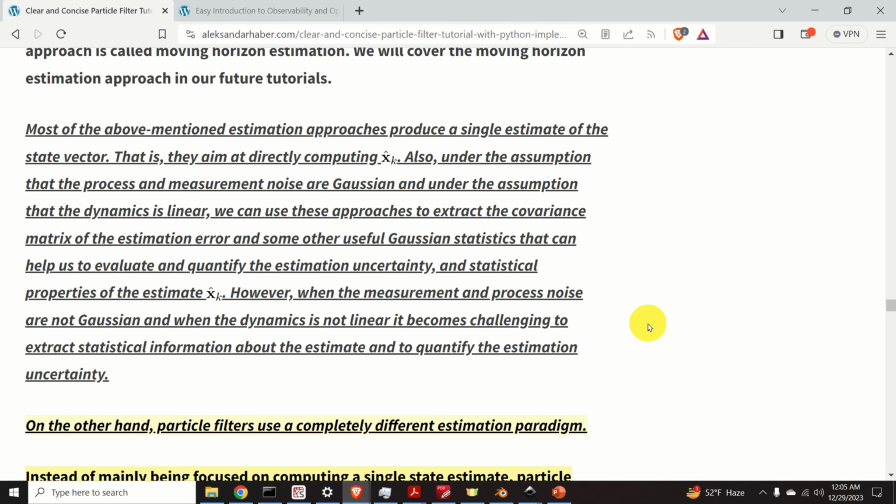However, when the measurement noise and the process noise are not Gaussian and when the dynamics is not linear, it becomes challenging to extract statistical information about the estimate and to quantify this estimation uncertainty.